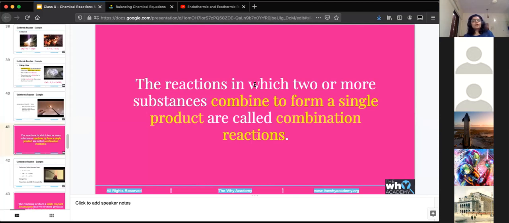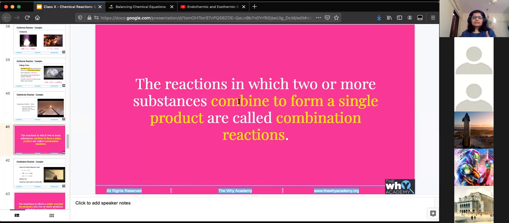Reacting does not necessarily mean combining, right? Sometimes when things react, like glucose, it's breaking apart. So combination, specifically in this context, means joining together. So wherever you see that two things are combining to form one thing, that is the most important part of combination.